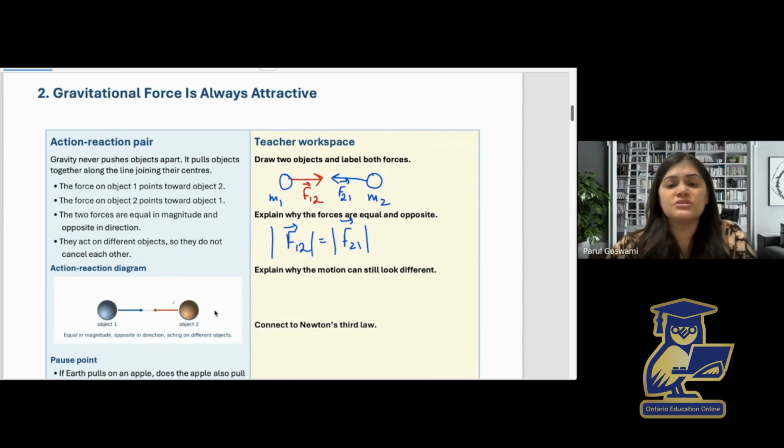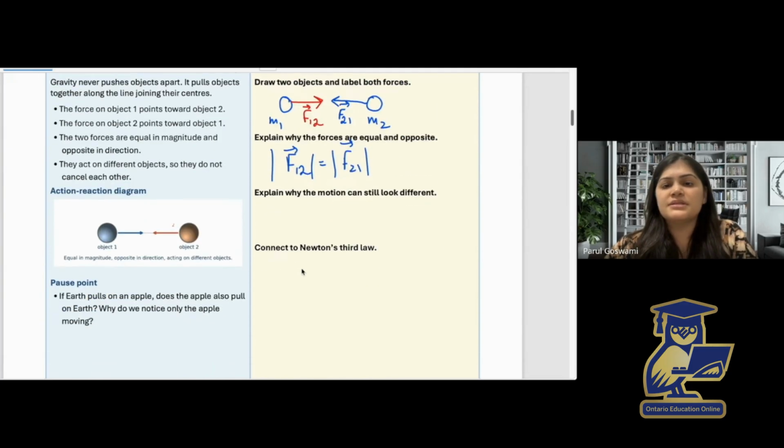So these forces are equal and opposite, which leads to the connection with Newton's third law, which states that for every action there is an equal and opposite reaction. In terms of magnitude, they are the same, and in terms of direction, they are opposite. So in vector form, we can write F12 equals negative F21.